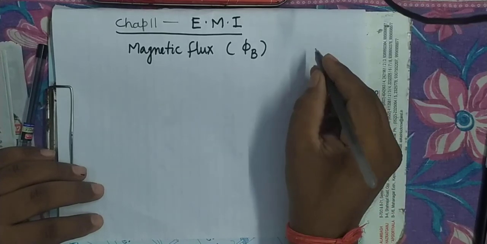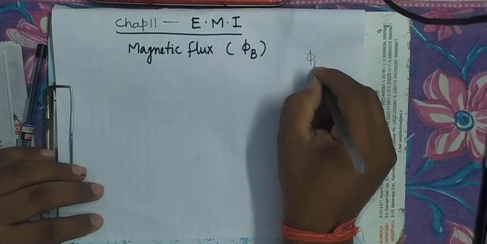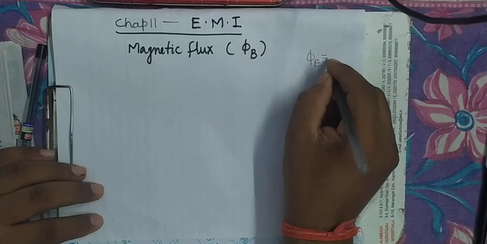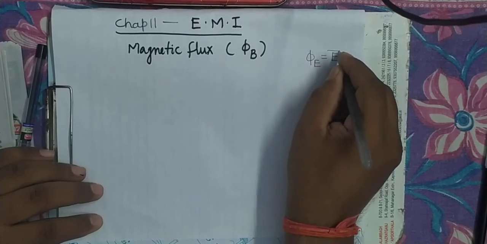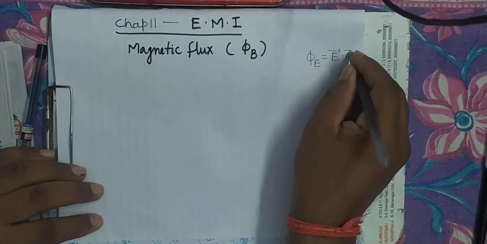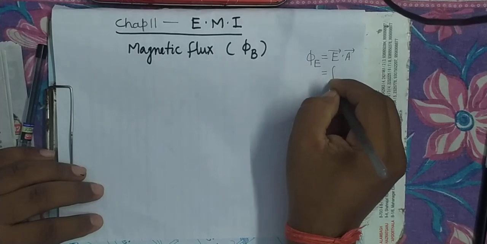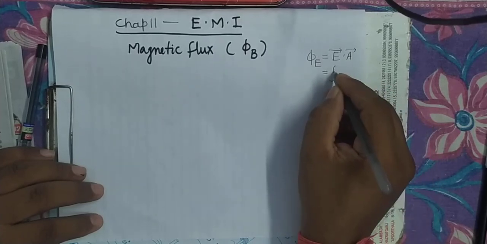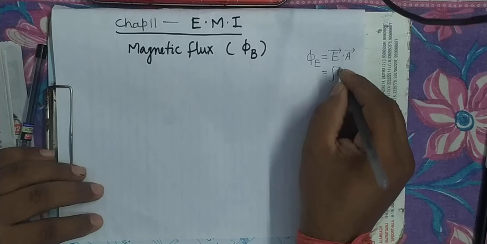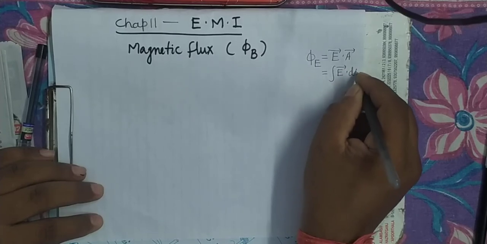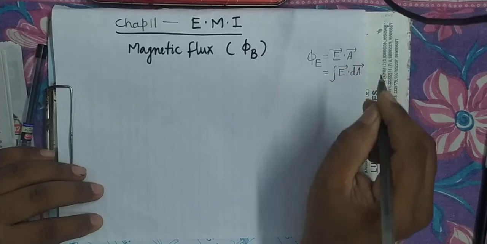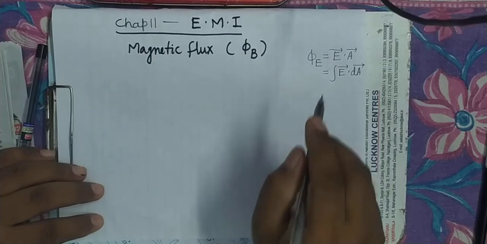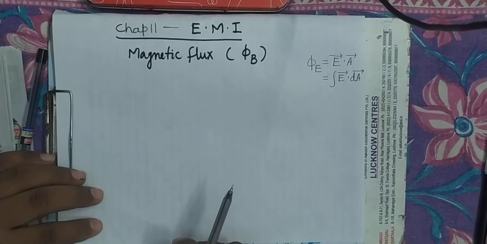And how do you evaluate that? It can be evaluated by vector E dot vector A, the surface integral of the electric field over that surface. It is clear. By this way we can calculate the electric flux.